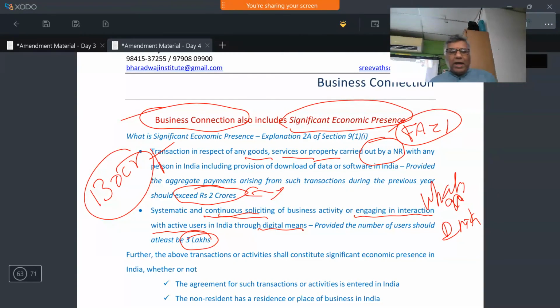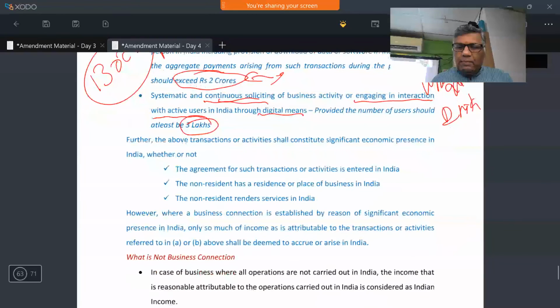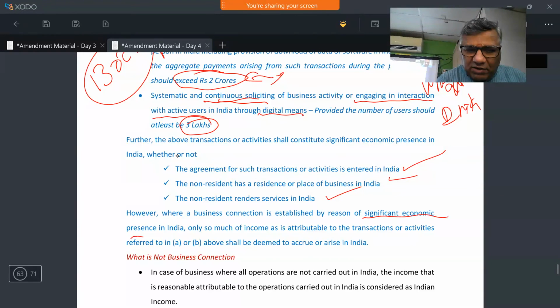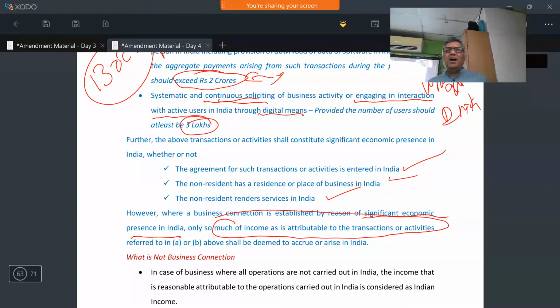Further, the above transaction or activity shall constitute significant economic presence whether or not the agreement or activities are entered in India, or the non-resident has a residence or place of business, or renders services in India. However, where a business connection is established by reasons of significant economic presence, only so much of income attributable to the transactions in India is taxable.